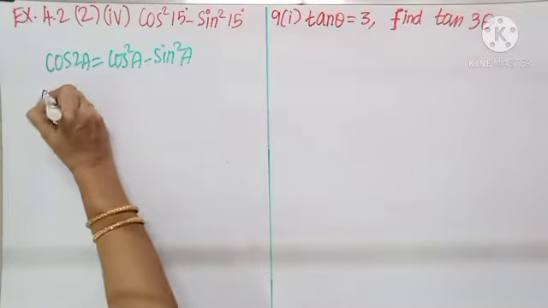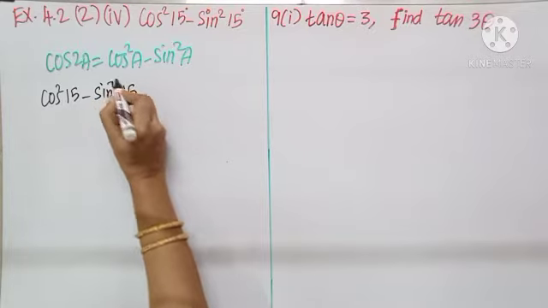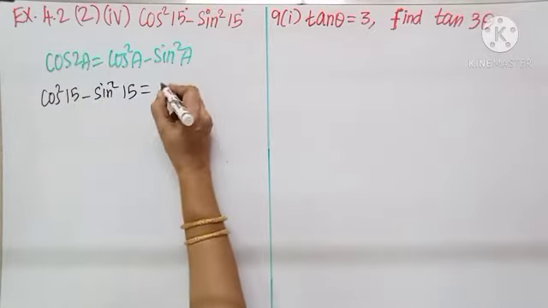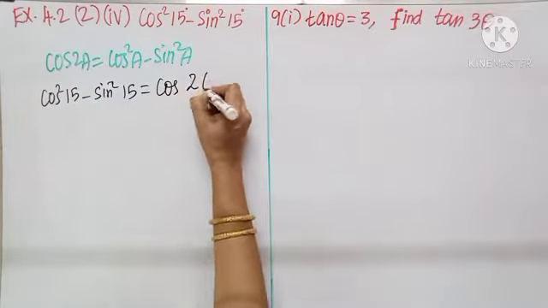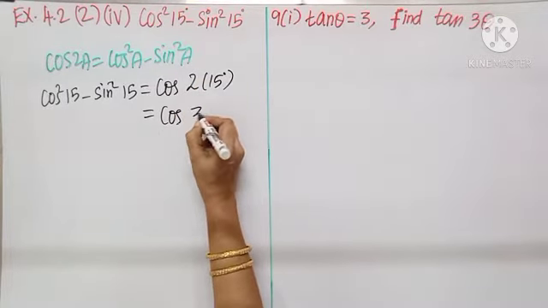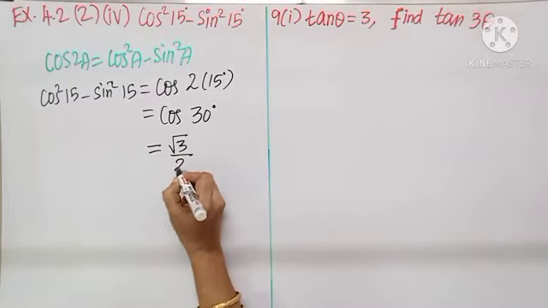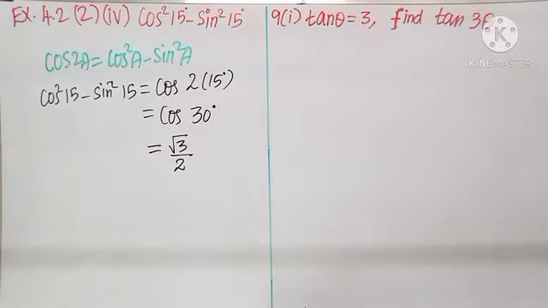In this question, cos square 15 minus sin square 15 is coming. Related to this formula, cos 2 into 15. Cos 2 into 15 is 30 degrees. Cos 30 we recall from the table, it is root 3 by 2 and that is the answer.